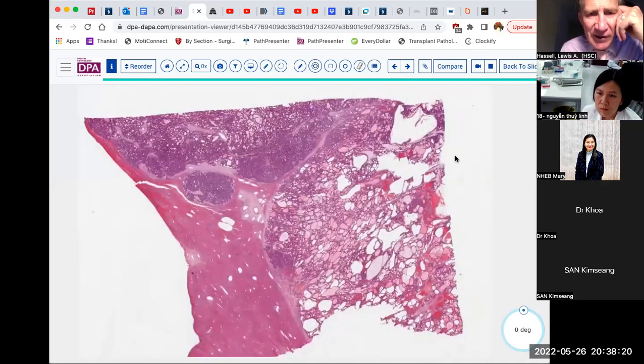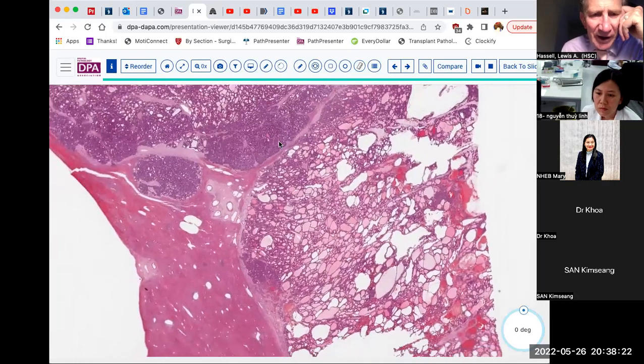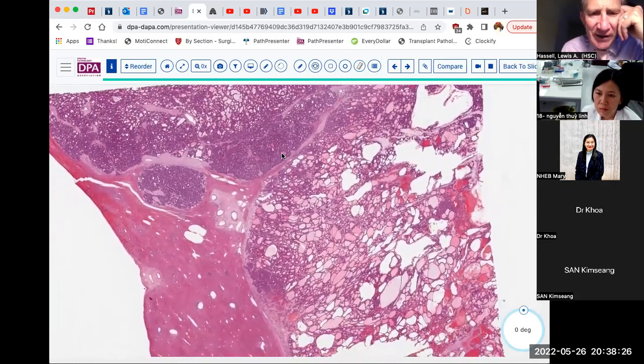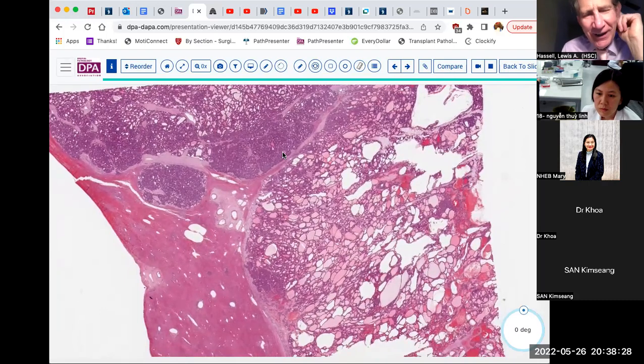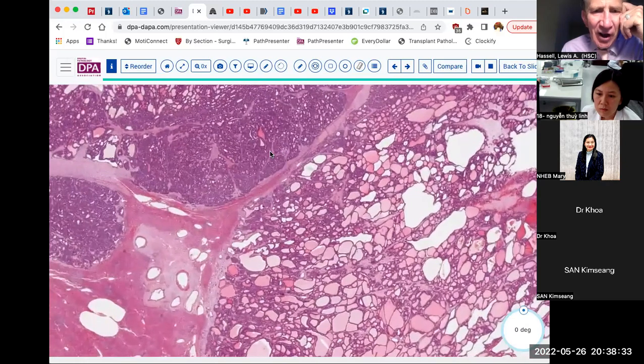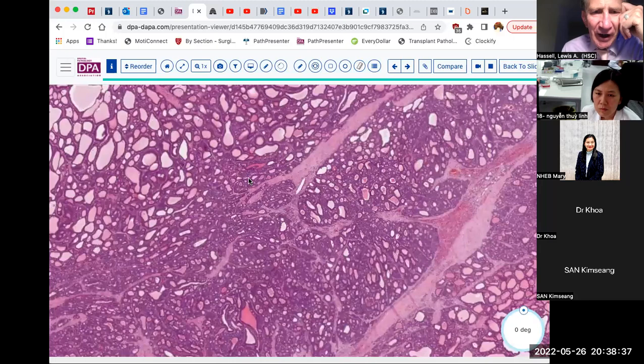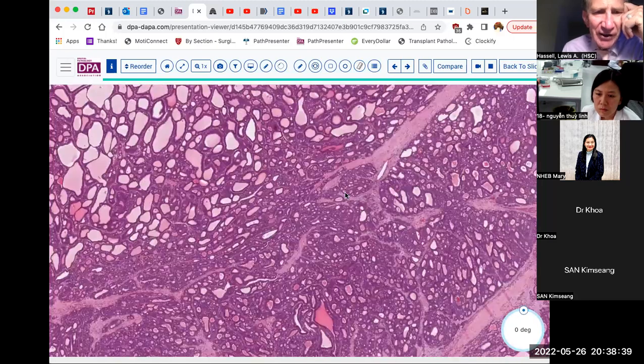Okay, well, if you've watched some of my videos, you probably recognize this case as well. This is the only case I have ever seen of this particular entity. And this is also a cholangiocarcinoma, but it is a very distinct morphologic type.